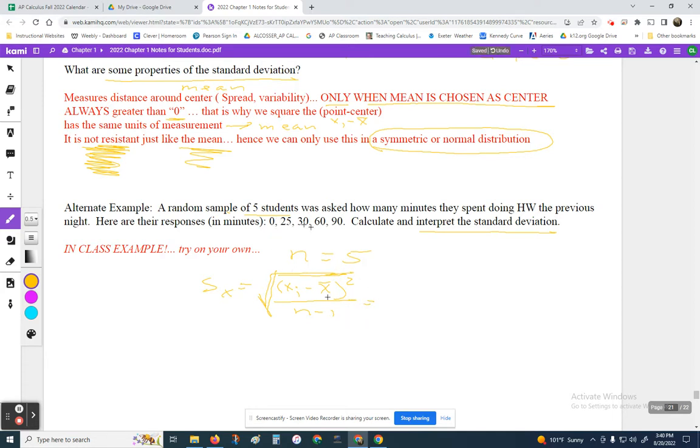Which is equal to, check this out. We have to know the x bar, and I don't know the x bar off the top of my head. So this is what I'm going to set you guys up with. I'm going to take the first data point, which is 0, and I'm going to rewrite the square root. You ready for this one?